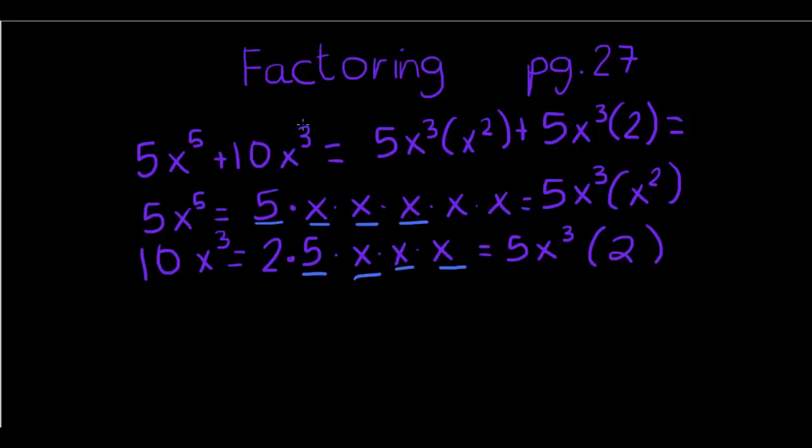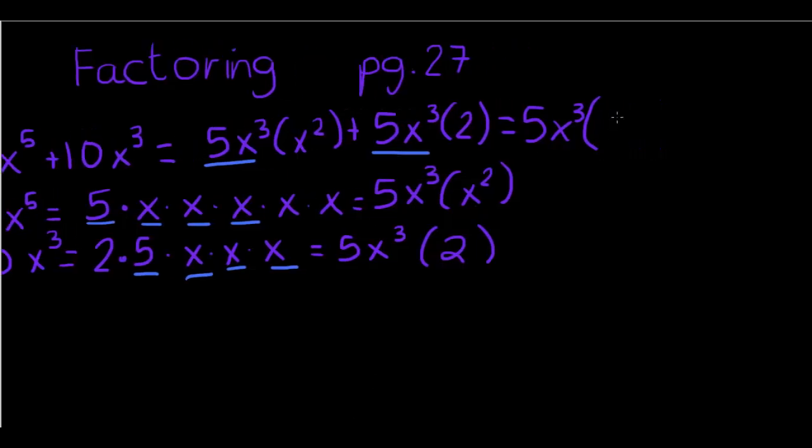Well, both of them have a 5x to the power of 3. So what do we do now? Well, we're going to factor the 5x to the power of 3 out. So 5x to the power of 3, and then inside of the parentheses, we're going to have x squared plus 2.